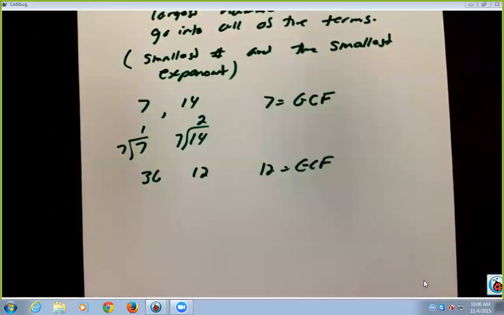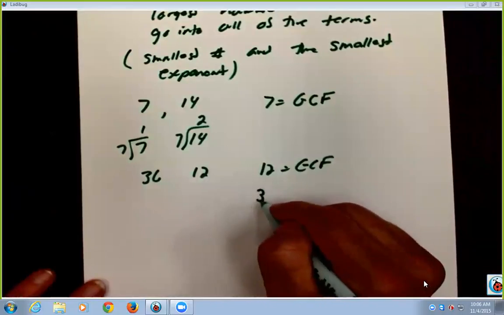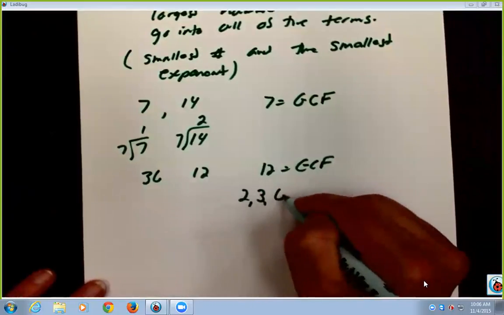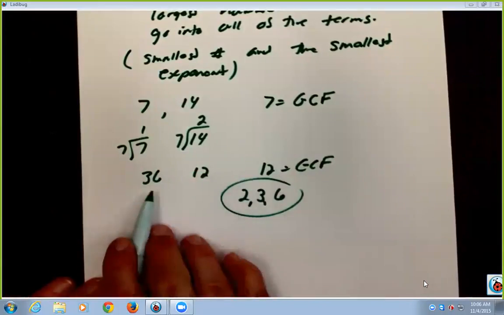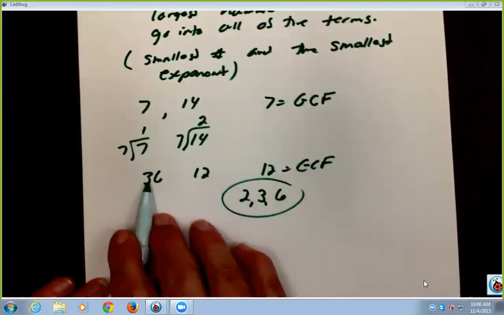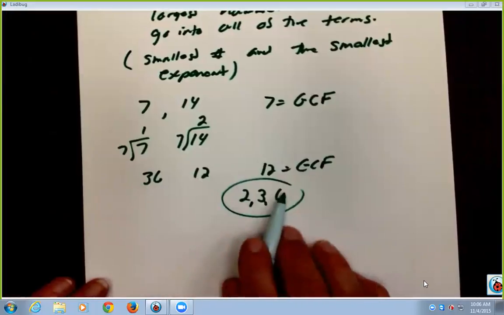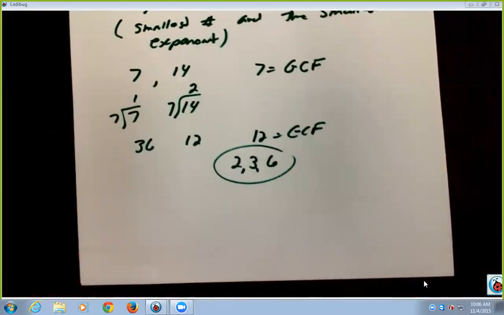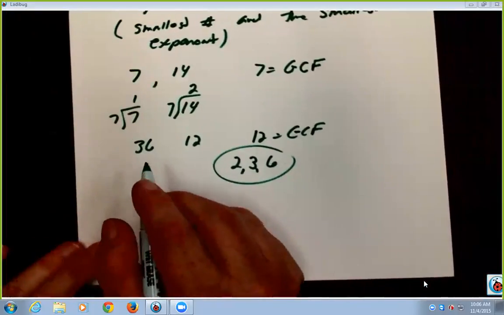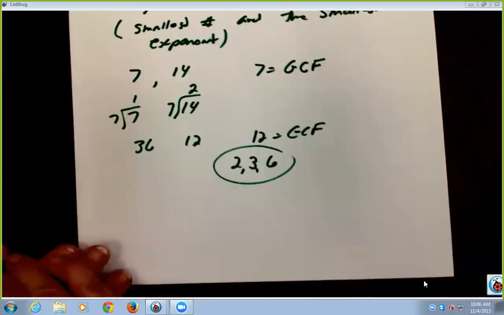Now, all the ones that you guys guessed, the 3, the 2, the 6, are all factors of these, meaning if I multiplied something by them, I would get 36 or I would get 12, but they're not the largest one of those. So why are we trying to find the smallest number?